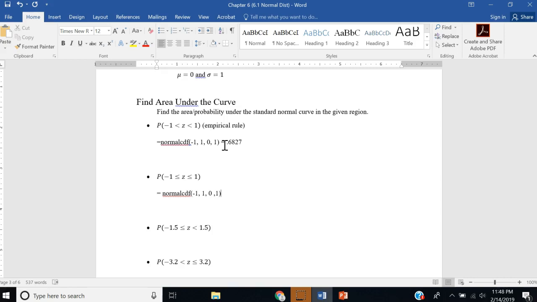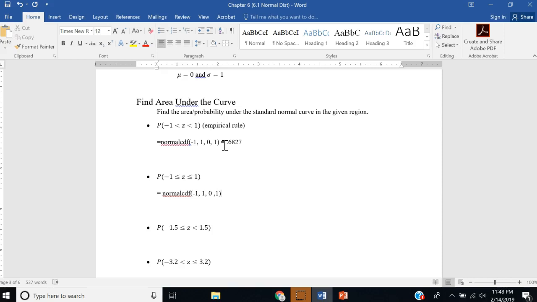In other words, my lower bound is still -1, and my upper bound is still +1. My mean is still 0. We're talking about z-scores again. And my standard deviation is 1. So again, we're talking about the standard normal curve. So my mean is 0, my standard deviation is 1.